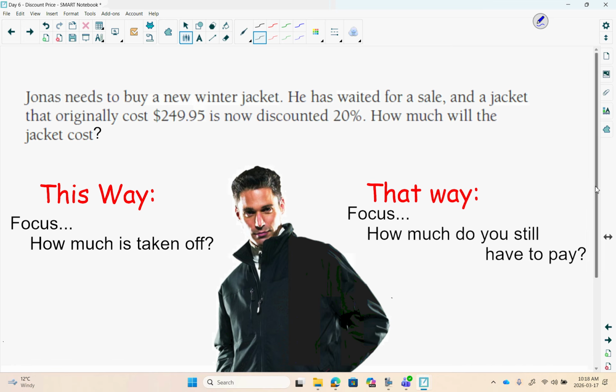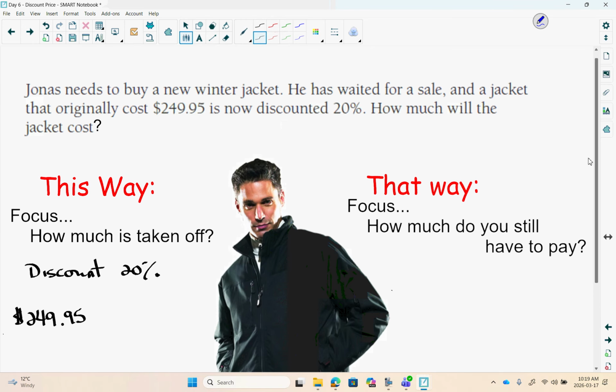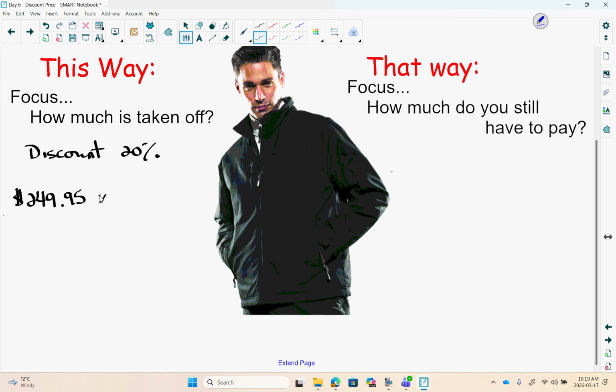Okay, so you can do two things. One way to do it would be to think about the discount of 20%, and you can multiply the selling price of $249.95 times 20%.